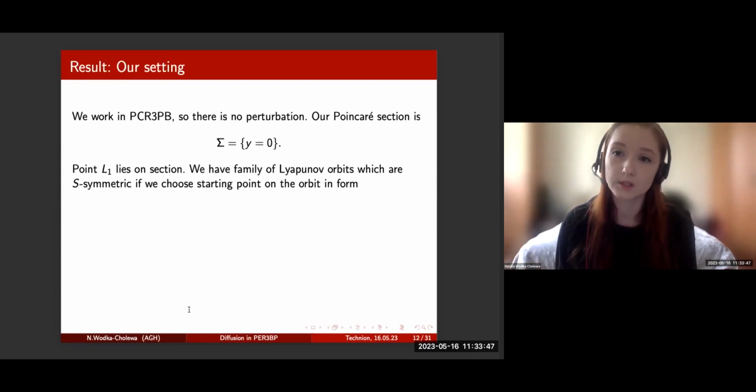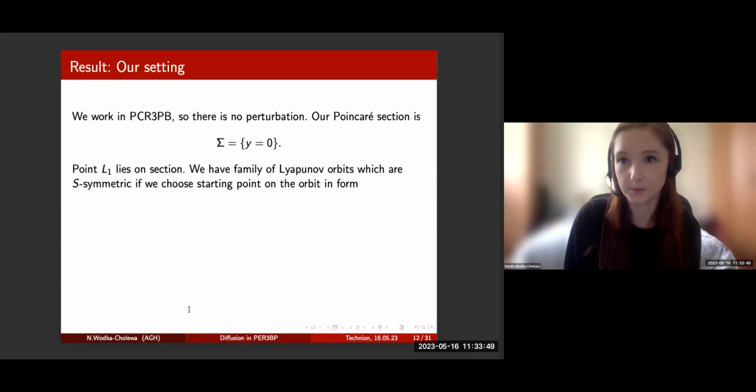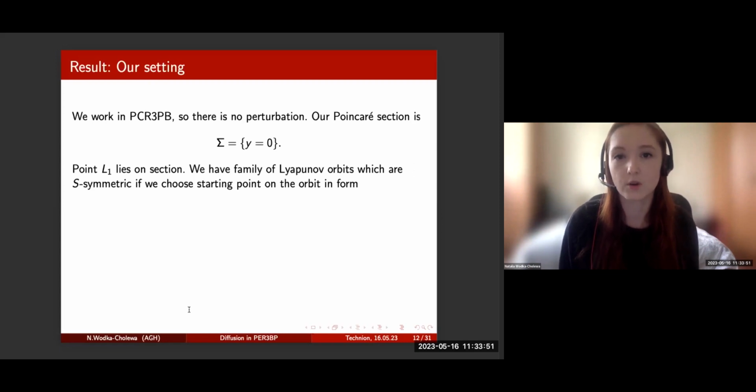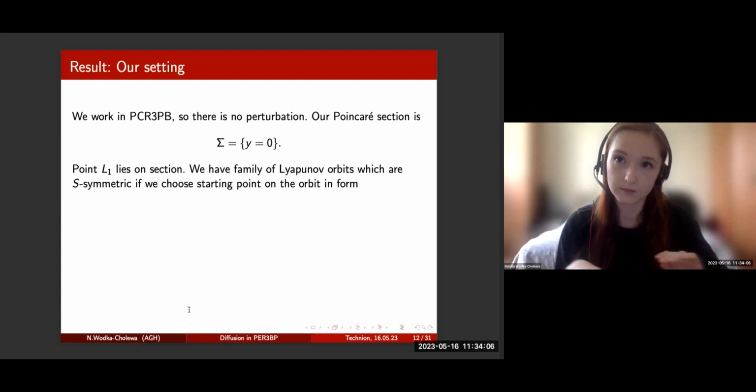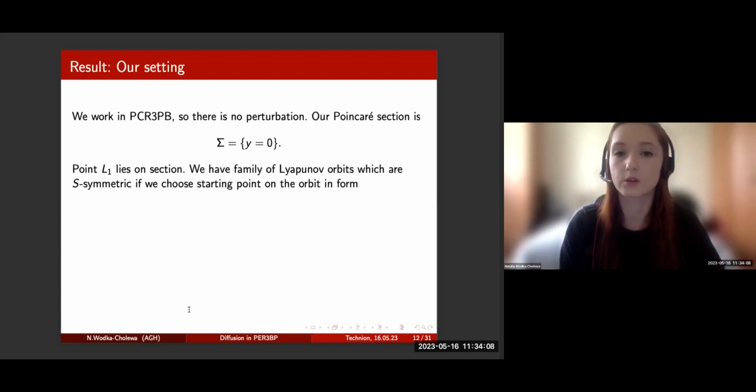So all the calculations are done in the circular problem, so it's good for us. So there's no perturbation. Our Poincare section will be y equals 0, on purpose like that. So point L1 lies on this section, right? It was on the x coordinate.